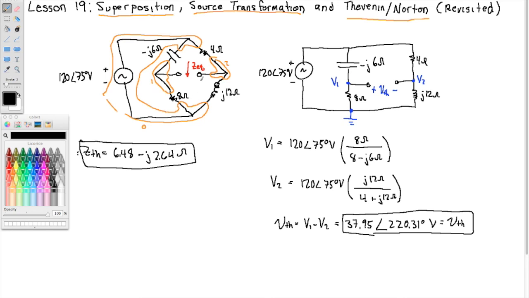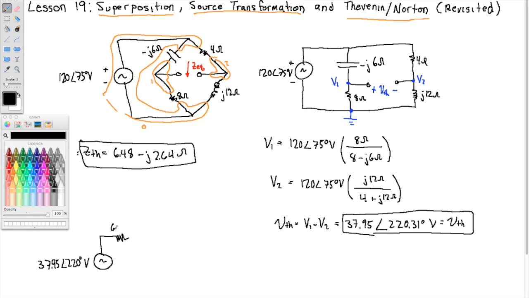So this circuit, the original circuit, has an equivalent representation, and that is a voltage source of 37.95 angle, we'll round it to 220° volts, in series with this impedance.